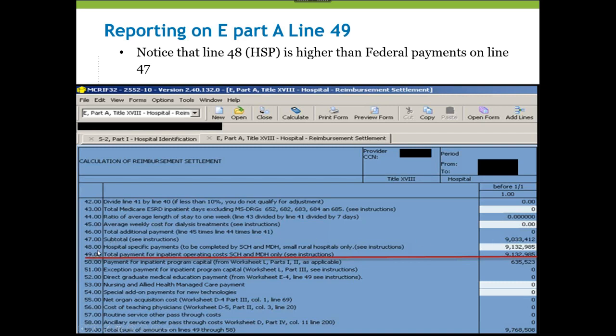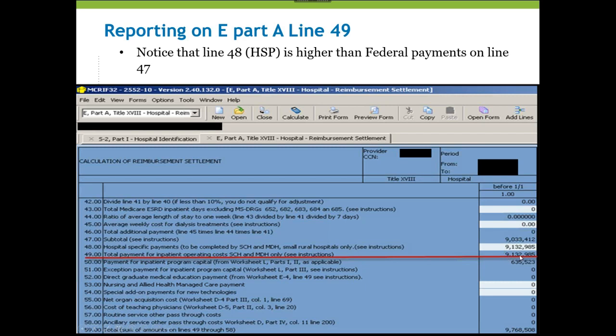Line 48 is where we report the hospital-specific payments for the sole community or Medicare-dependent hospitals. And then line 49 takes the higher. If it's a sole community hospital, it takes the higher of those two. If it's a Medicare-dependent hospital, it takes 47 plus 75% of the difference between 48 and 47.